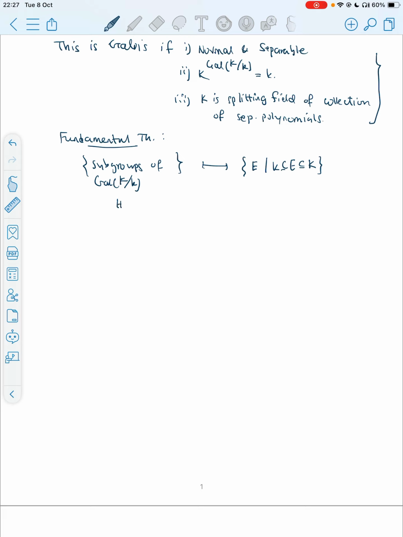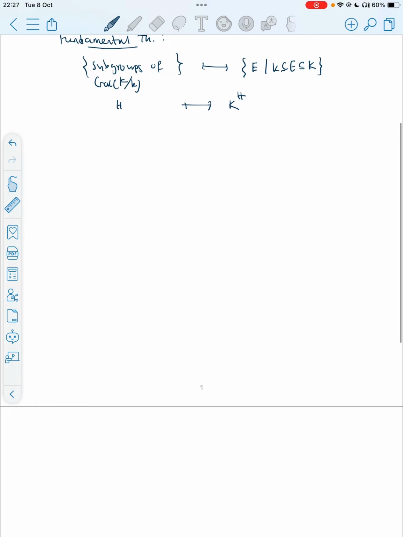So you take a subgroup H and you look at the fixed field, meaning all those elements of big K that are fixed under the action of H. And in the other direction, you just take an intermediate field E and you look at Gal(K/E). So firstly observe that this group is indeed a subgroup of Gal(K/k) because the elements here are those which, when you restrict to E, are just identity.